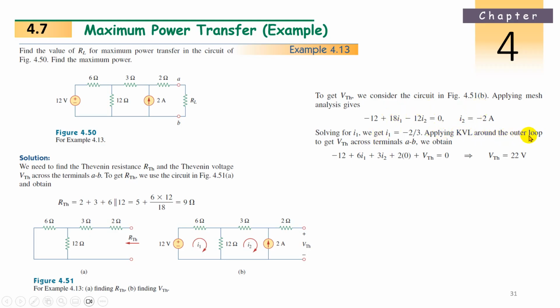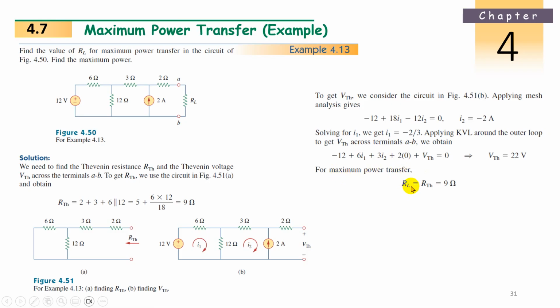Now apply KVL around the outer loop to get the V Thevenin across terminals A and B. So it will be minus 12 plus 6 I1 plus 3 I2, plus 2 into 0, there is no current in this resistance, plus V Thevenin. Then you can find V Thevenin as 22 volts from the outer loop. This is not for the mesh analysis, it is for finding the V Thevenin. So V Thevenin is now 22.